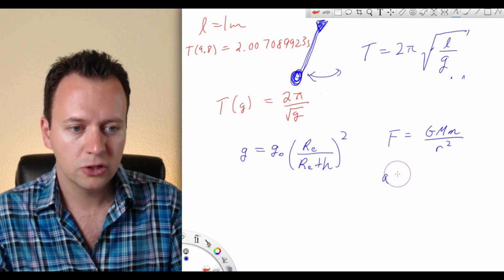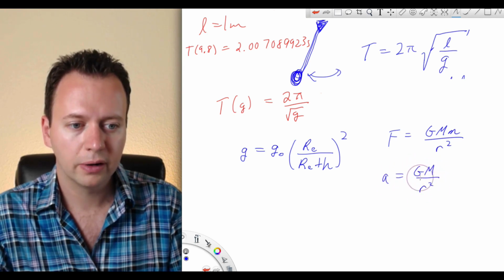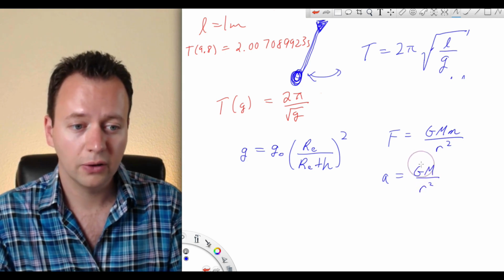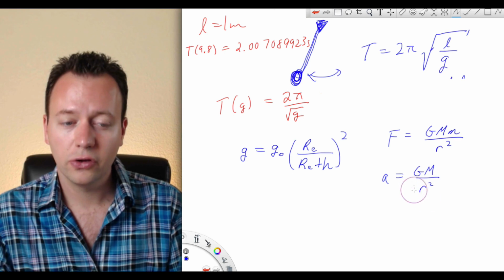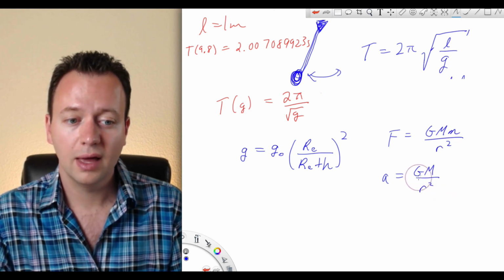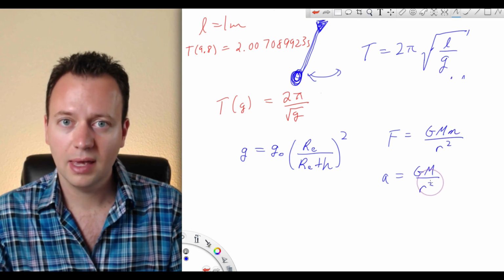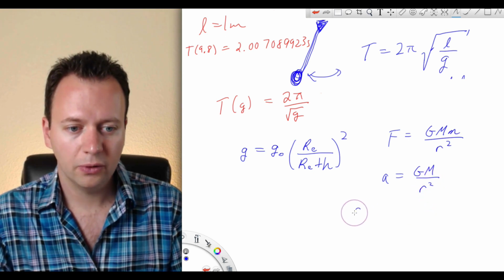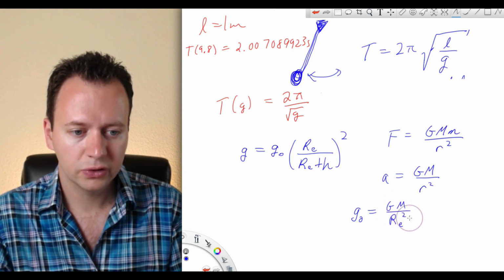So the acceleration on Earth is just GM over r squared. So G is Newton's gravitational constant, M is the mass of the Earth, and if you use the radius of the Earth, you get the acceleration at sea level. So for example, g at sea level is going to be capital G M over the radius of the Earth squared.